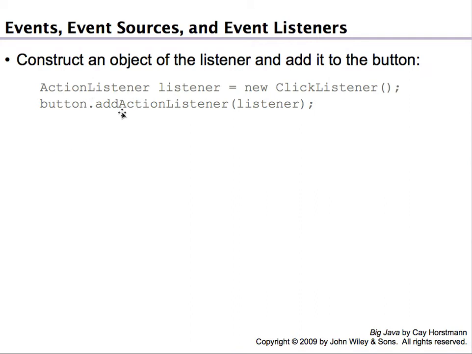To register a listener, let's say you created a class called ClickListener. You create an object of this class, and then you call the addActionListener method of the button that you created and pass the object to it. This is what we call registering the listener with the event source.